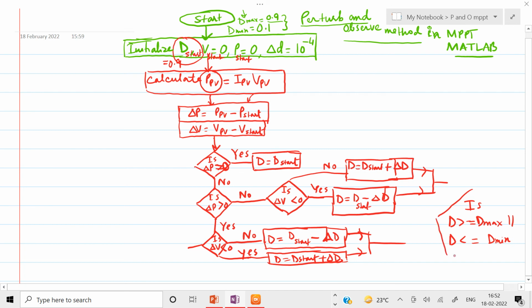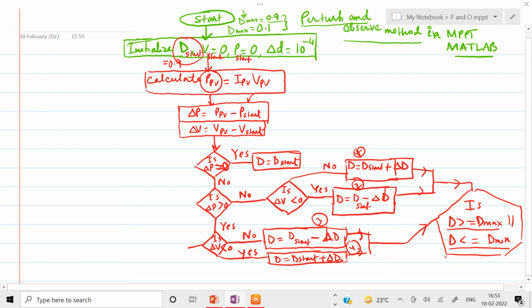This condition needs to be checked. So in all these cases, let me call it 1, 2, 3, and 4. In all the 4 cases we have an updated value of D. So we check whether that updated value is greater than D max or less than D min or not.